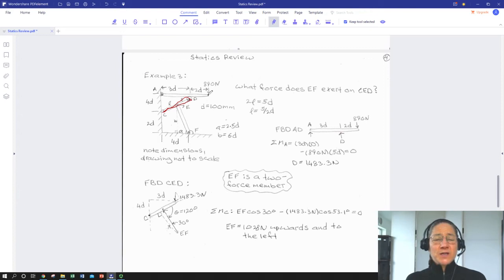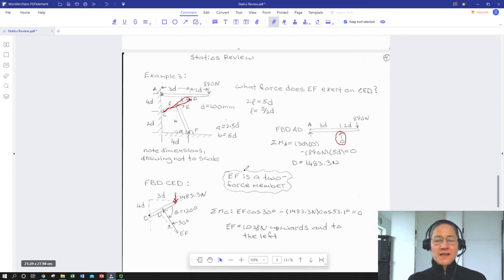We have to make sure our upper bar is in static equilibrium, and that gives us our vertical up-down force at D, which we can translate over to an FBD on our beam CED, and then use the fact that EF is a two-force member to represent it by a single force at a known angle and the sum of the moments.